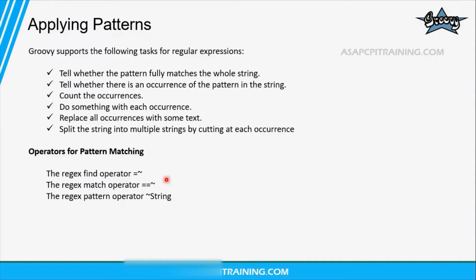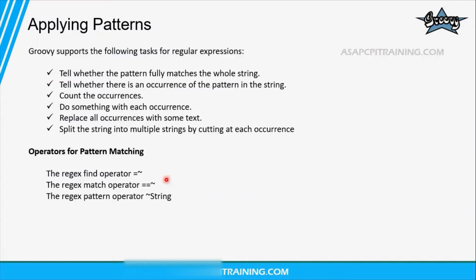Then you can tell whether there is an occurrence of the pattern in the string, count the occurrences, and do something with each occurrence, meaning you perform some operation on each occurrence. You can replace all the occurrences with some text; let's say you want to replace every "the" in the string with some other character or word.